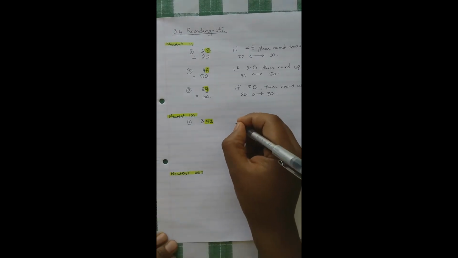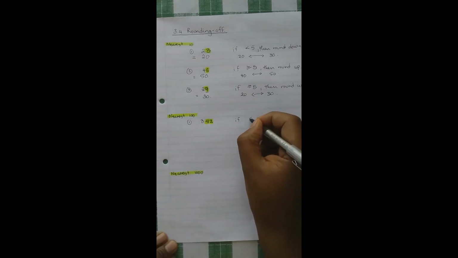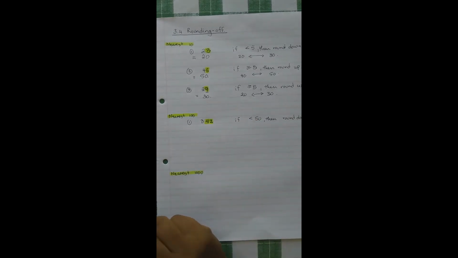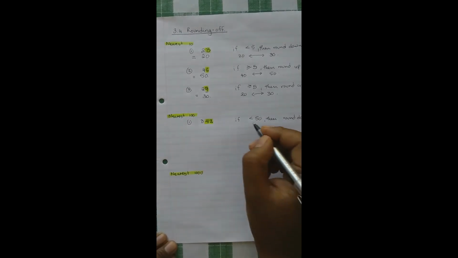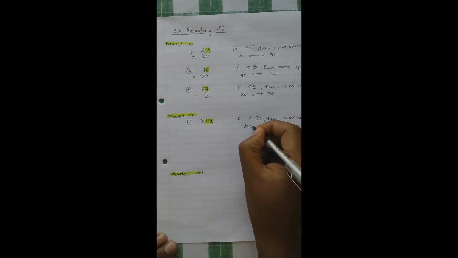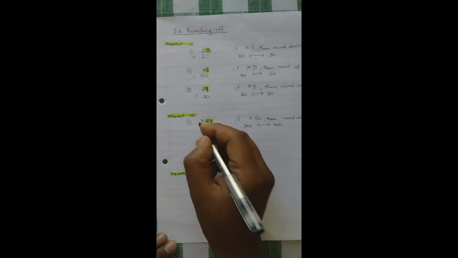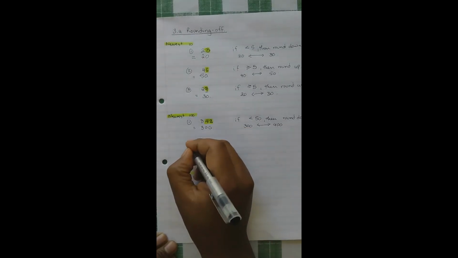So the rule is that if your 10 there is less than 50, then we round down. 42 is less than 50, and we know 342 in terms of hundreds is going to be between 300 and 400. So rounding it down will give us 300.